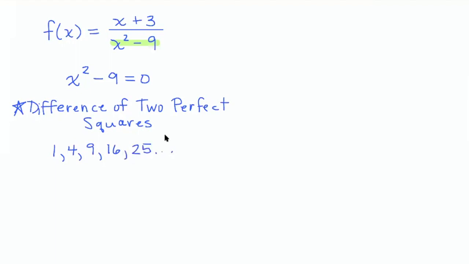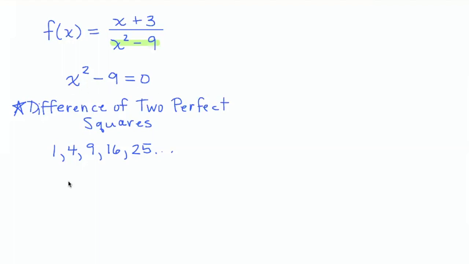And in this particular case, I have a perfect square here, 9, after the subtraction sign. X squared is called a perfect square because it's x times x. And I have subtraction, which is the difference of two perfect squares. It has to be subtraction here for this method of factoring.